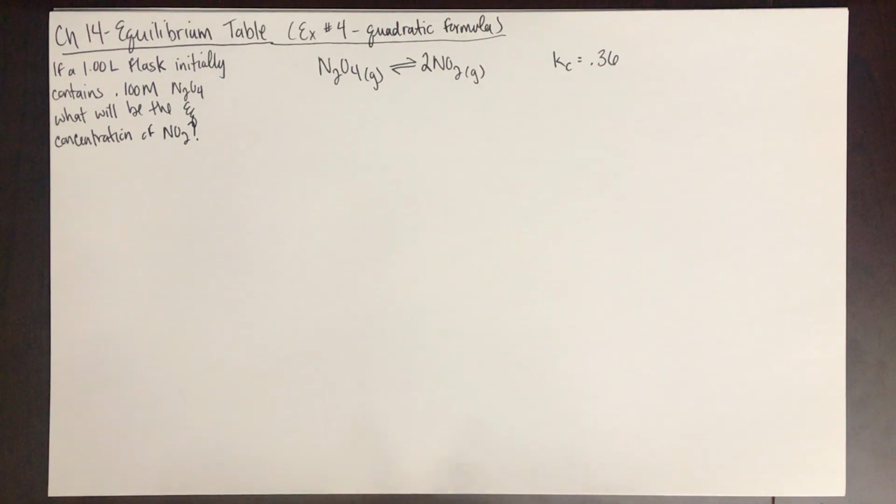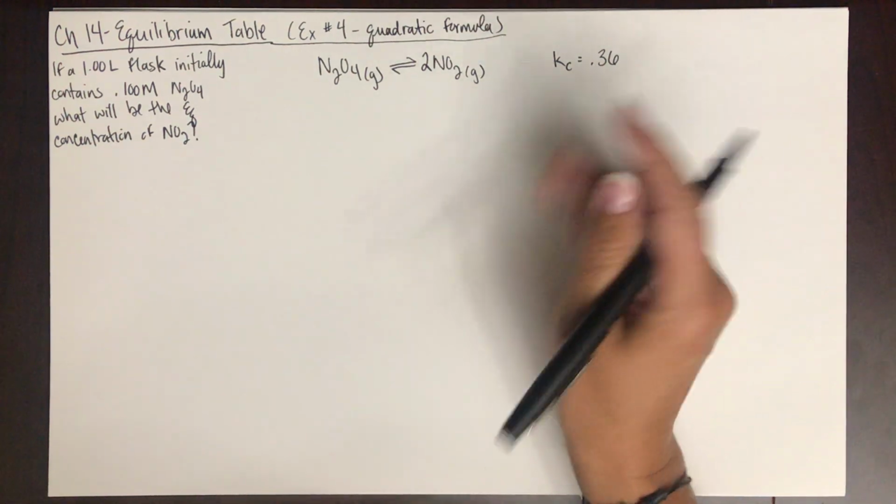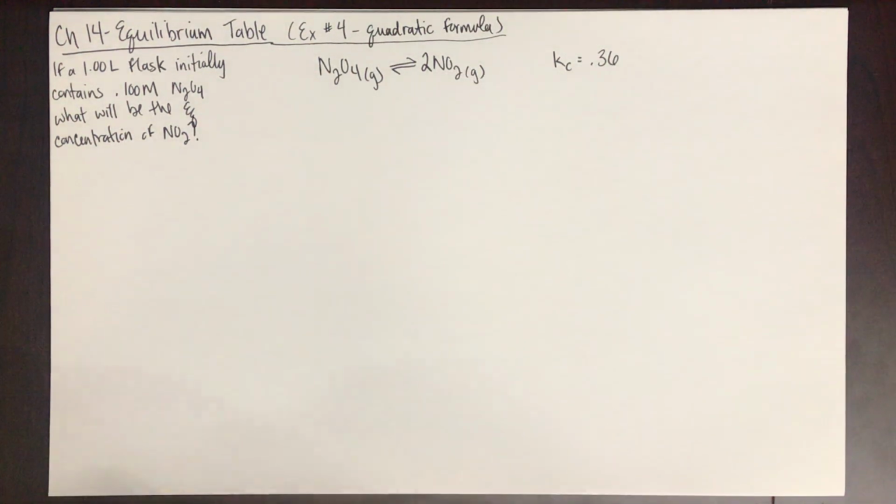So essentially we're using the Kc to solve for X, which we can use to solve for the concentration of nitrogen dioxide at equilibrium. So again, let's make our equilibrium table.